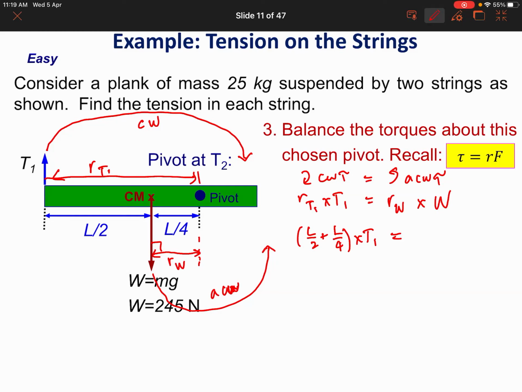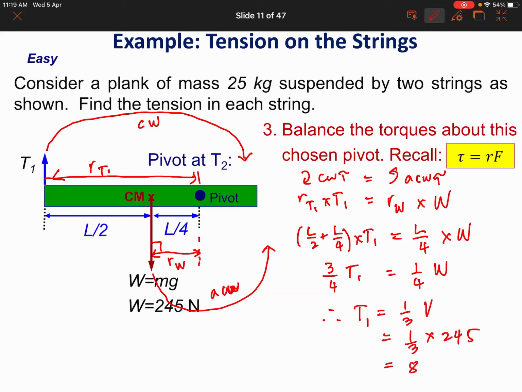So this will be L/4 times weight. The weights will again cancel out. So you have 3/4 times T1 is equal to 1/4 times the weight, or T1 is equal to 1/3 the weight, or 1/3 times 245, 81.7 newtons.